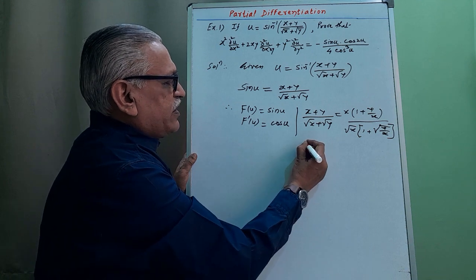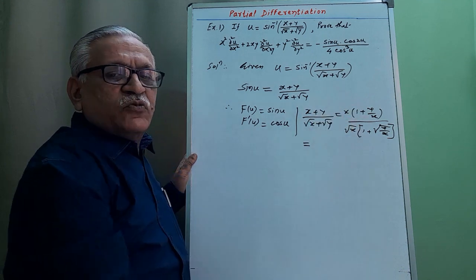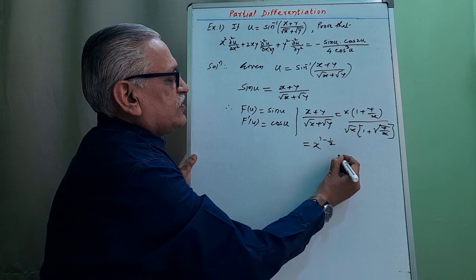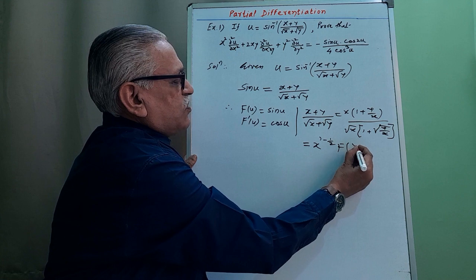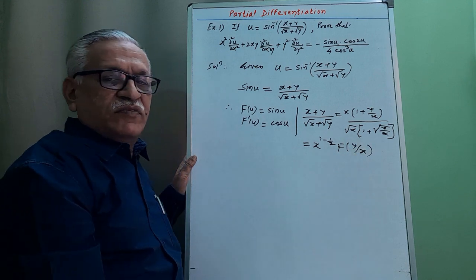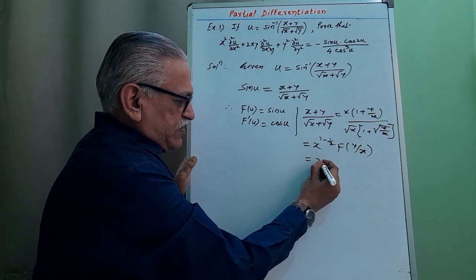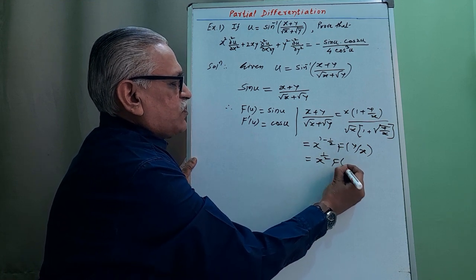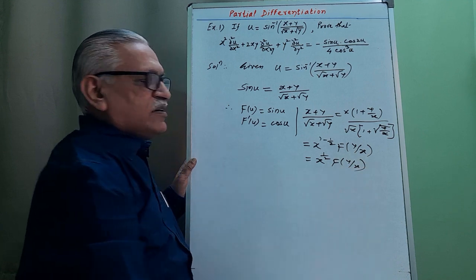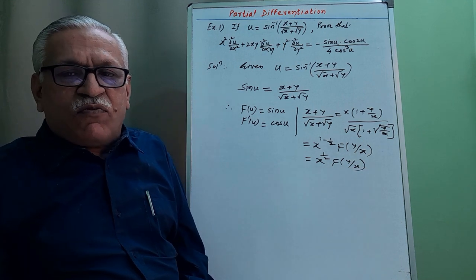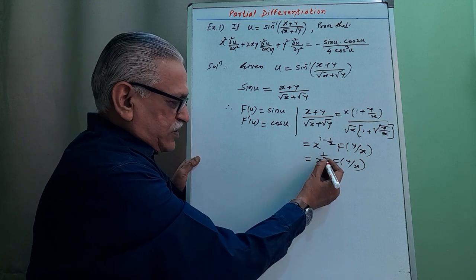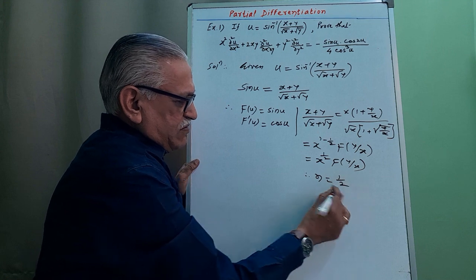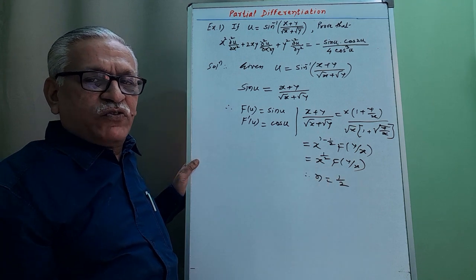Transferring this to the numerator, we get the power as 1 minus 1 by 2 into some function of y by x. So here it becomes x to the power 1 by 2 into some function of y by x. Comparing this with the general form of a homogeneous expression, we get the degree of the homogeneous function as the power of this x. Here it is 1 by 2.